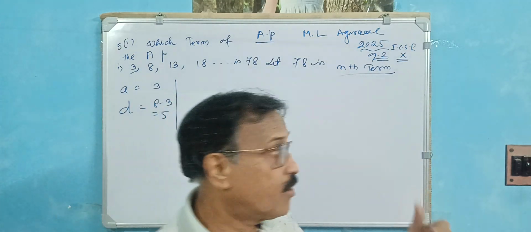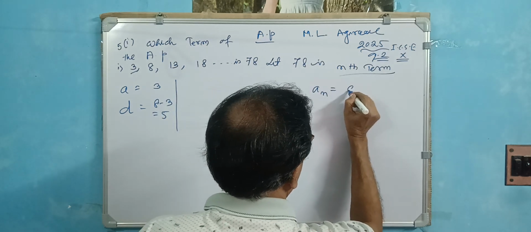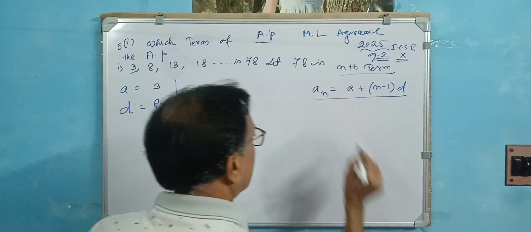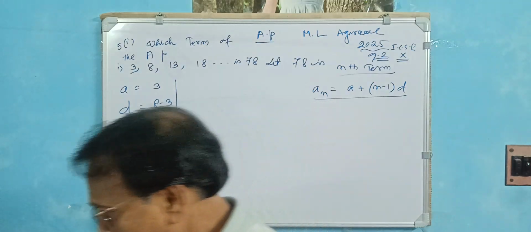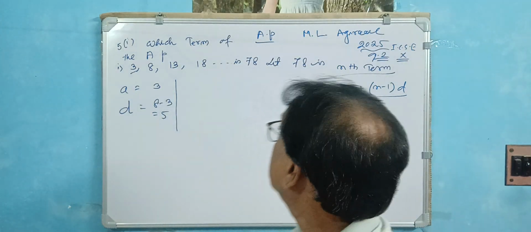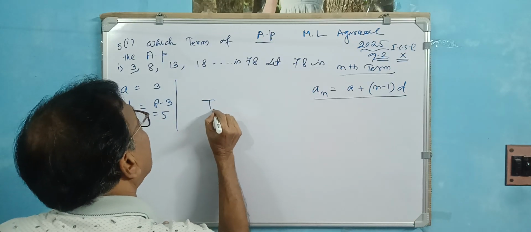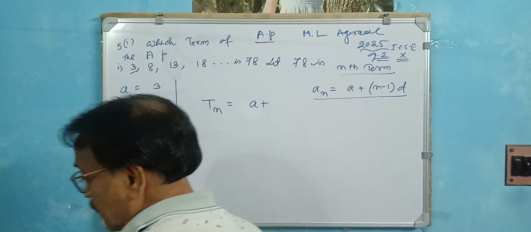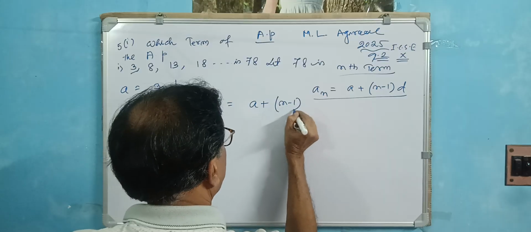Now you know the general formula of the AP: Tn equals A plus (n minus 1) into D.